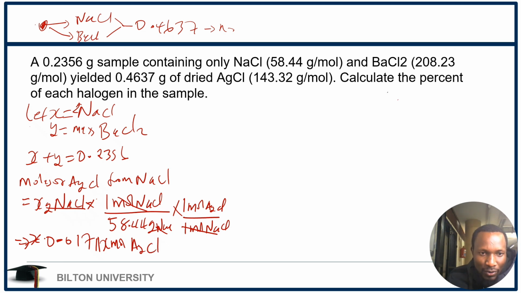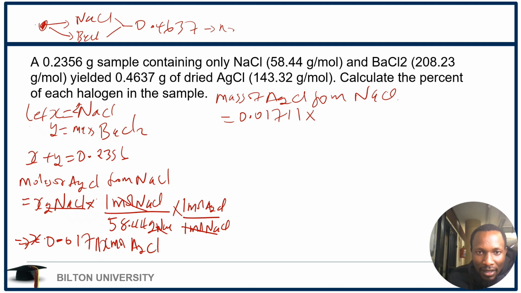Once we have this, we're going to get the mass of silver chloride from sodium chloride. So the mass of silver chloride from sodium chloride is the moles of silver chloride, 0.01711X moles, times the molar mass of silver chloride, which is 143.32 grams per mole.